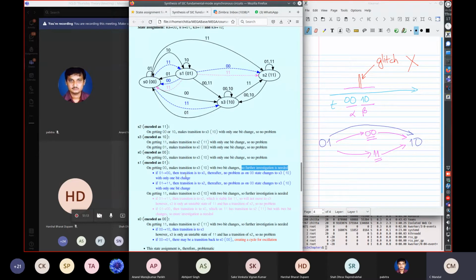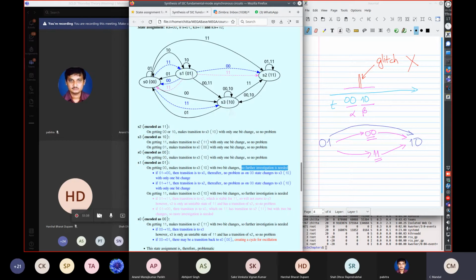So effectively it is making a transition to S0. But the good thing is that on 0, 1, if you have the single input change from 0, 0 to 0, 1, it goes to S3 anyway.